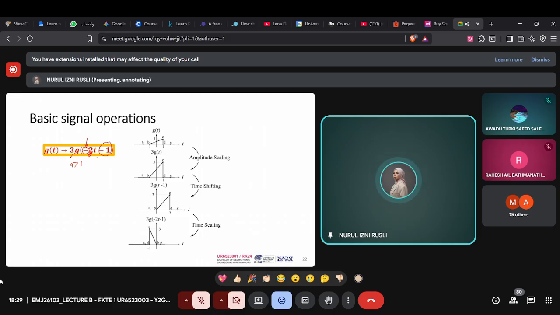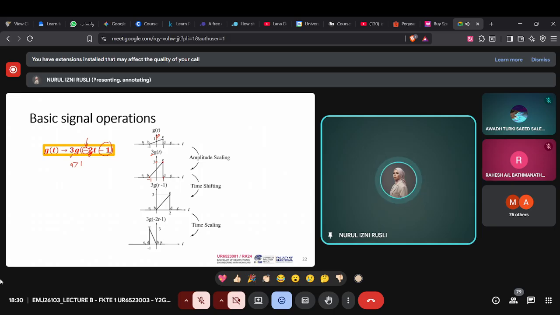So you should do first, of course, the amplitude scaling. So in this case, this is your triangular signal with t of minus 1 and 1 and amplitude of 1. You have to scale the amplitude by 3. So 1 is no longer 1, you have to multiply by 3. So that's why now you have 3. And note that your time is still the same, which is minus 1 to 1.